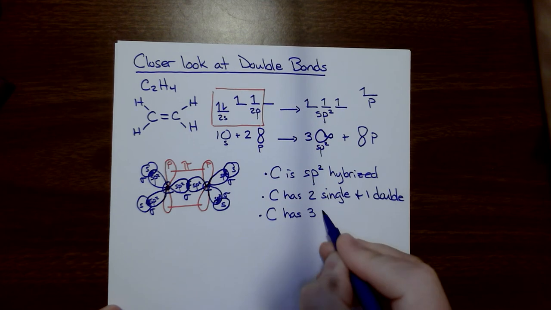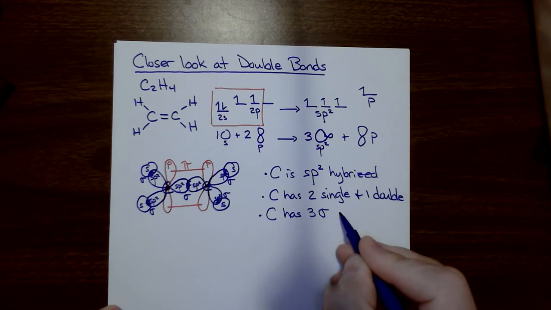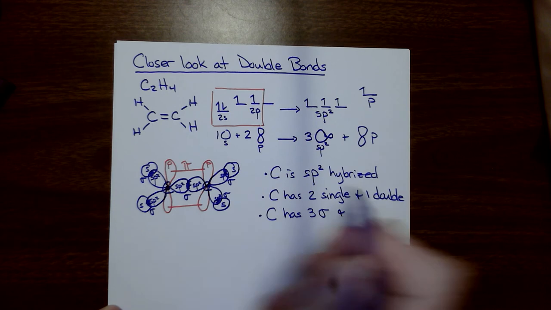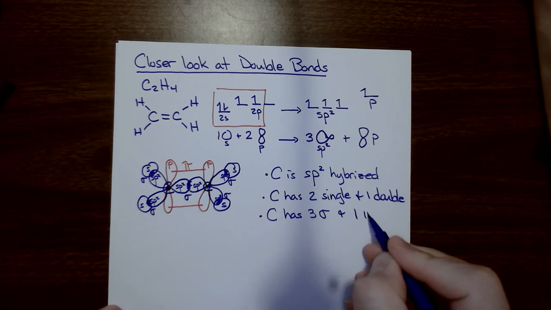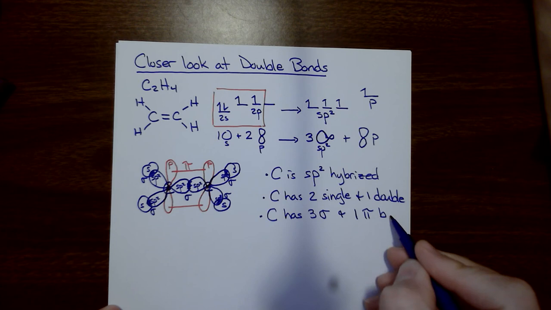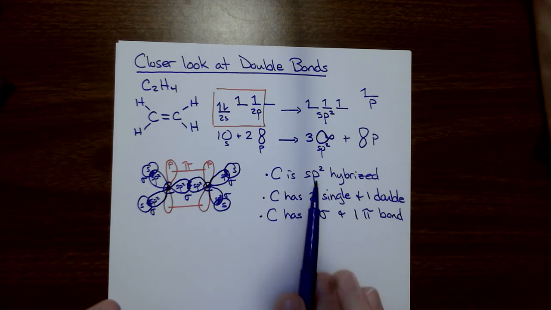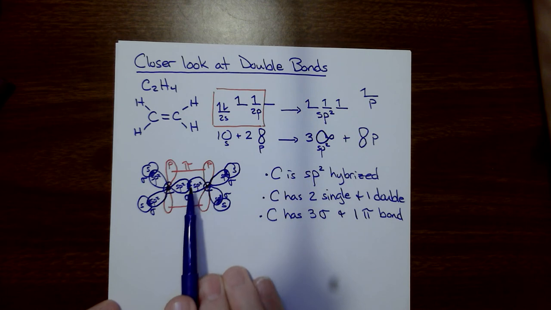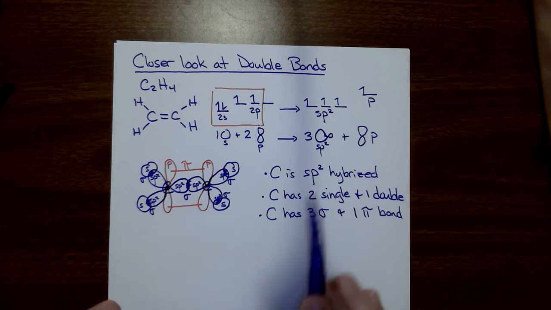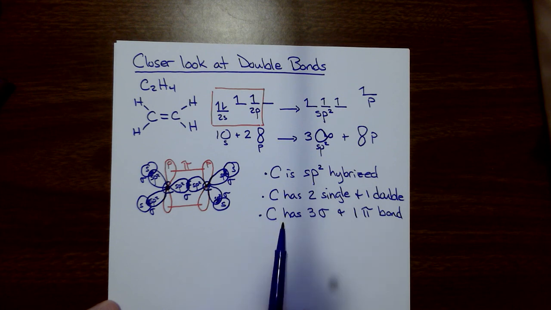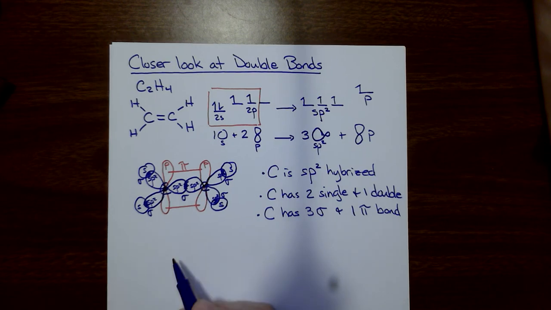So it's 3 sigma bonds and 1 pi bond. Okay, so sp2, think about it, it's got 2 single, 1 double, and then 3 sigmas and 1 pi, making those 2 singles and 1 double. So that's how a double bond is formed.